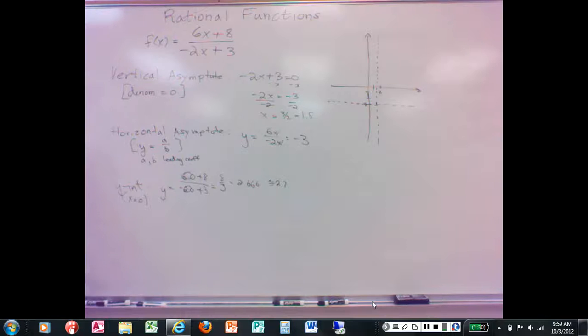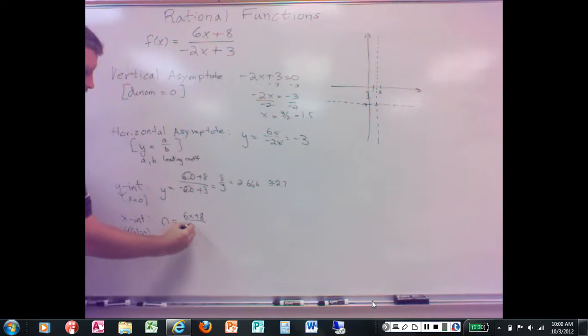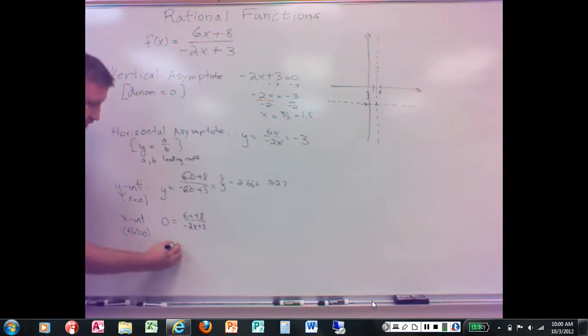What about the x-intercept? Well, for the x-intercept, we set y to be 0. But in this case, instead of y we have f of x, so set f of x equal to 0. This type of equation maybe we haven't talked about yet, but it's easy enough to solve. Just multiply both sides by negative 2x plus 3, the bottom.